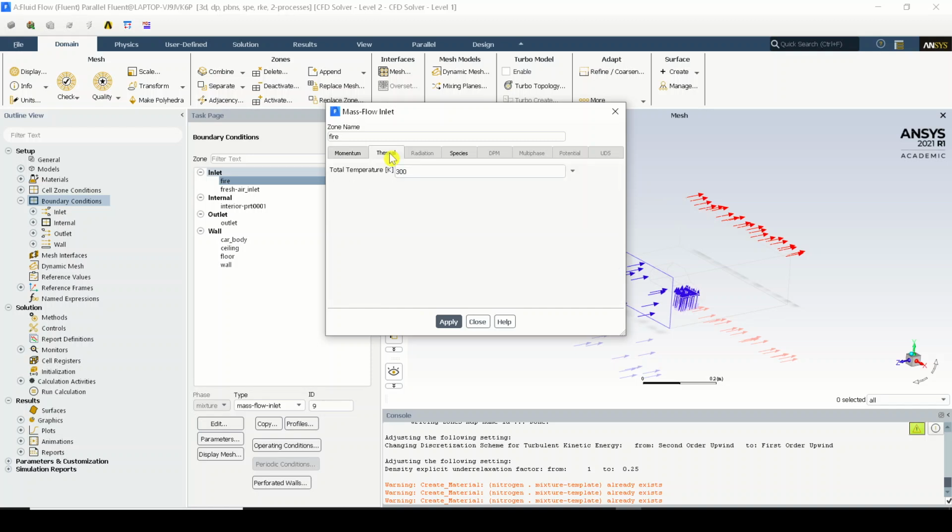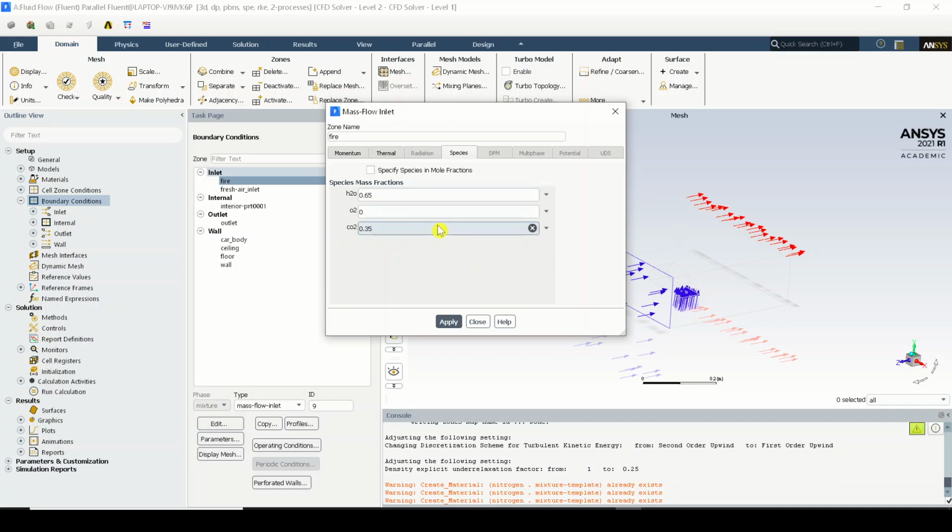Now the gases which are coming out are extremely hot, so let us keep the temperature as 1200 kelvins. And the next important thing is species, and for the species we will be entering the water vapor value, and we will be providing the carbon dioxide which is coming out from the gases, sorry, 0.3, right?